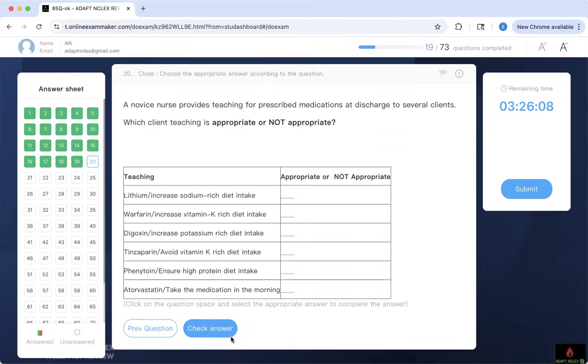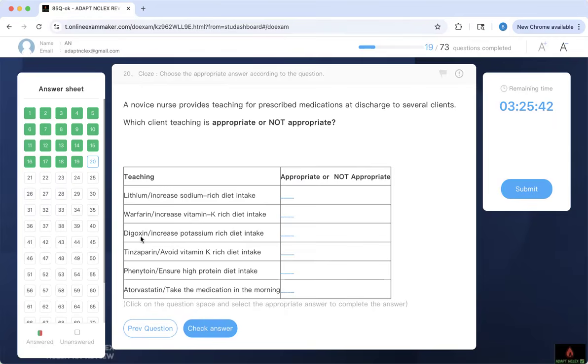Provide teaching for clients prescribed the following medications at discharge. Which client teaching is appropriate or not appropriate? You have a bunch of patients, you provide them teaching, which teaching is appropriate? One is on lithium, and the teaching said increase sodium-rich diet intake. Another patient has warfarin, and it said increase vitamin K-rich diet.